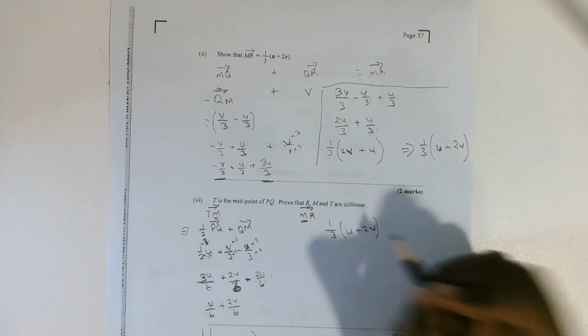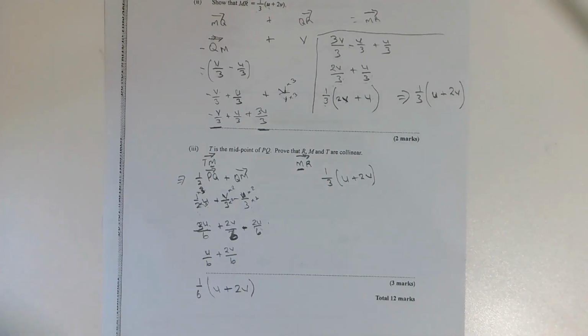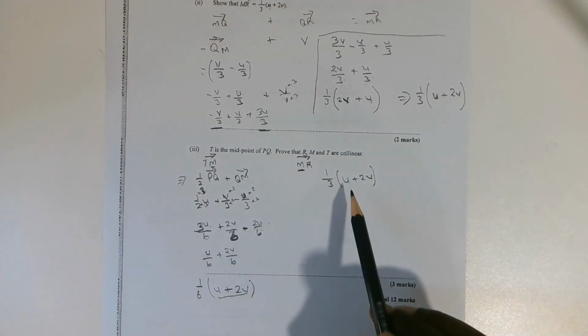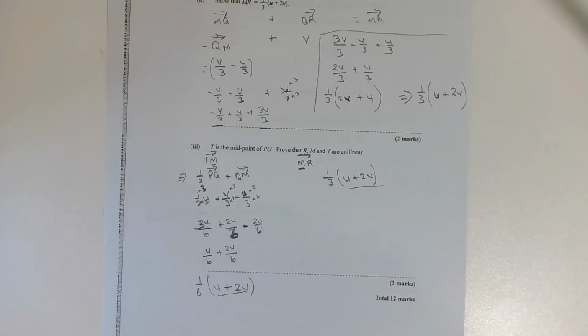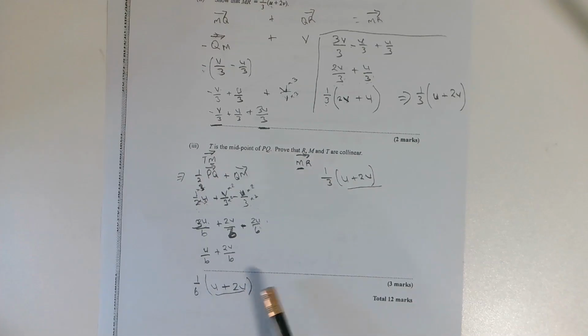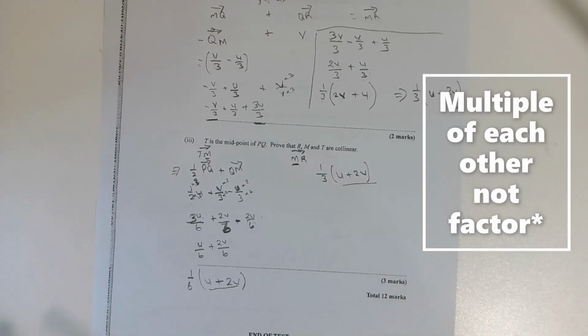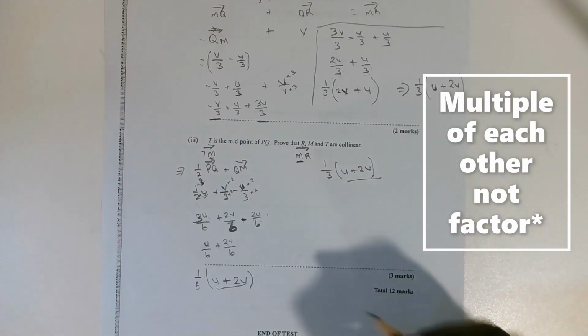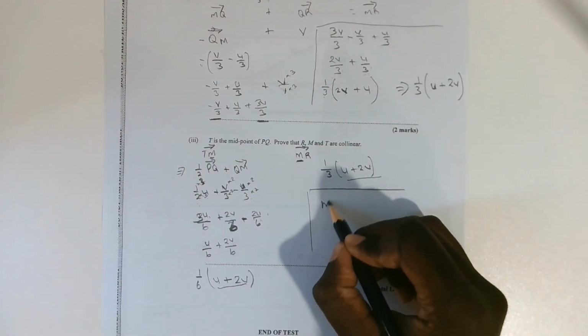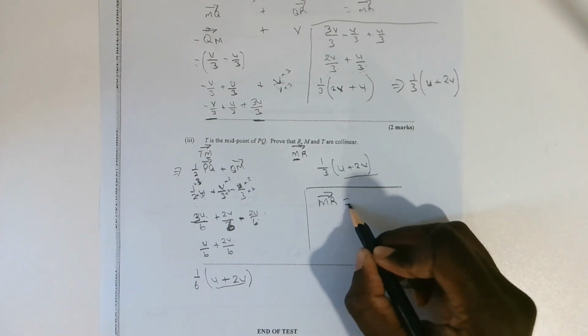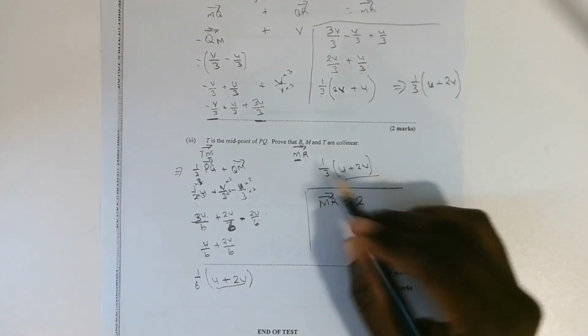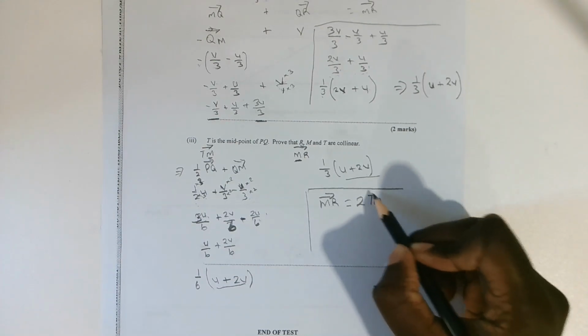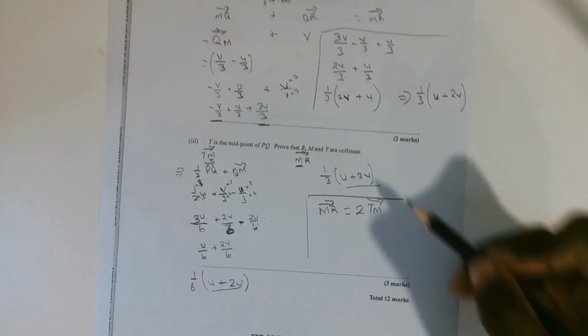Vector MR is a third bracket u plus 2v. If we have a look here, the things inside of our brackets are exactly the same. That means that these are multiples of each other. If I take a 6 and divide by 2, it would give me a third. So therefore, simply put, vector MR is equal to 2 times vector TM.